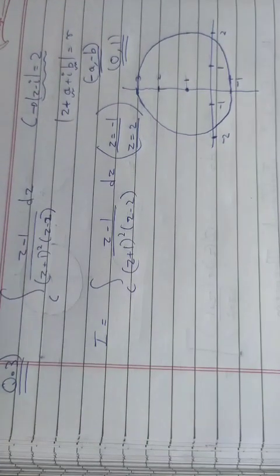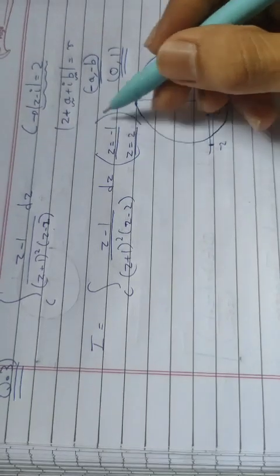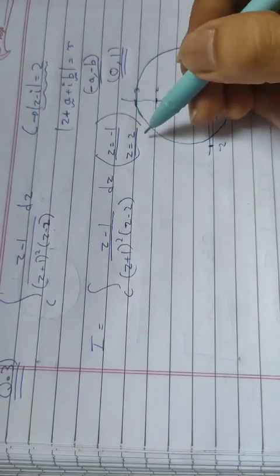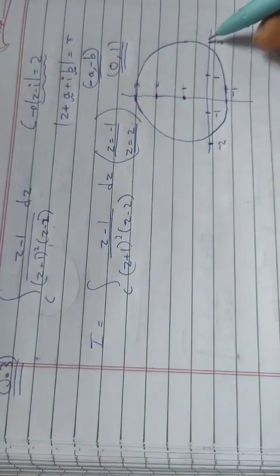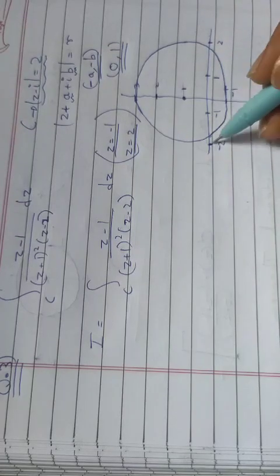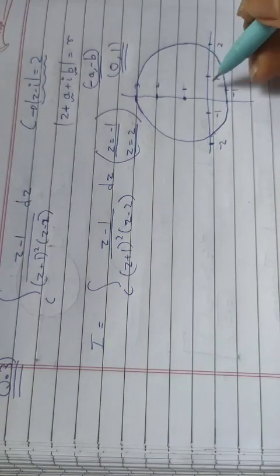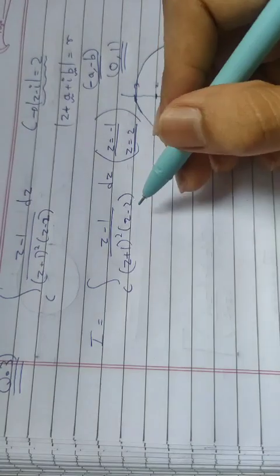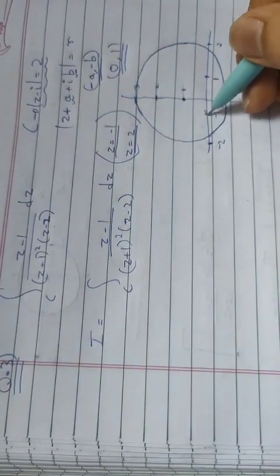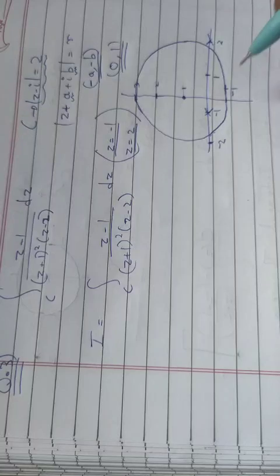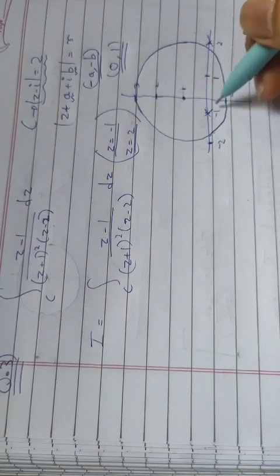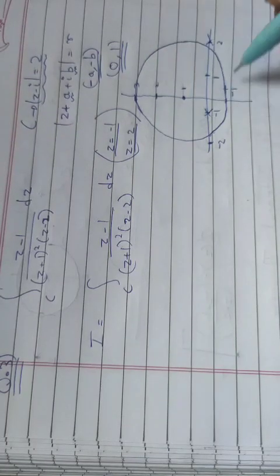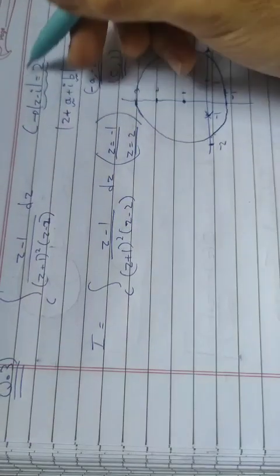Now if you consider our points, z equal to 2 lies completely outside. But if you consider z equal to minus 1, it lies right over here, in a region in which the function is defined.